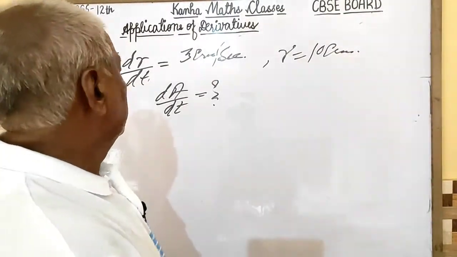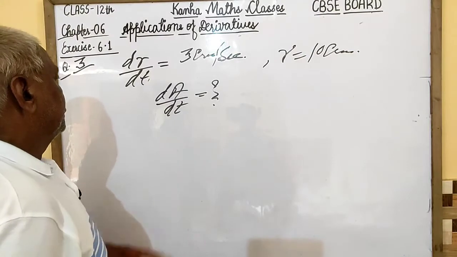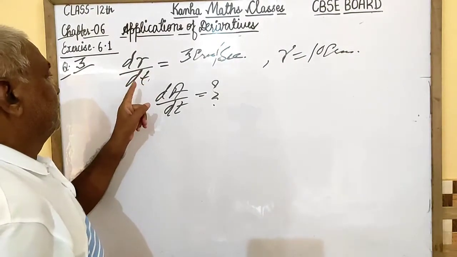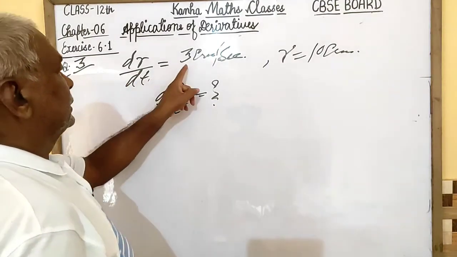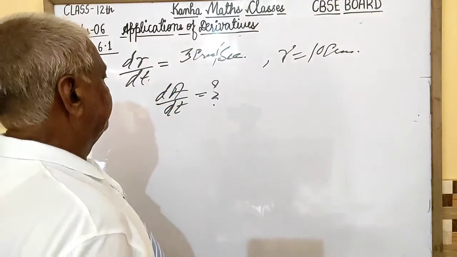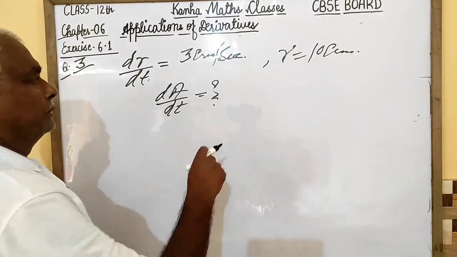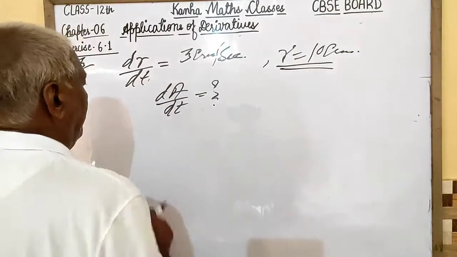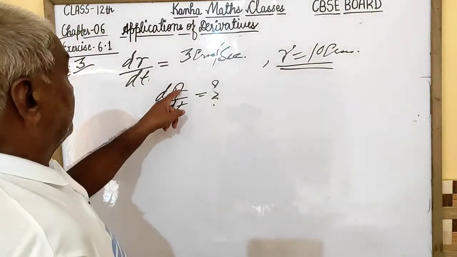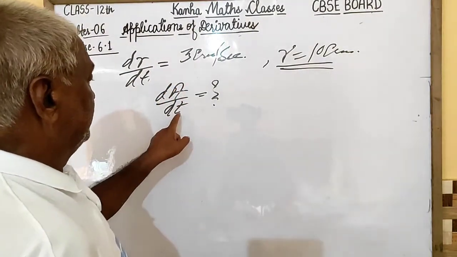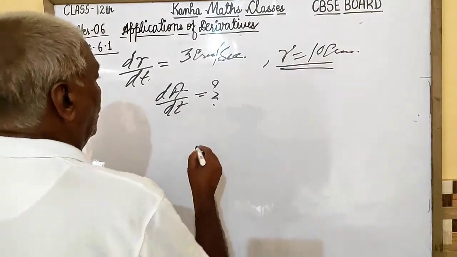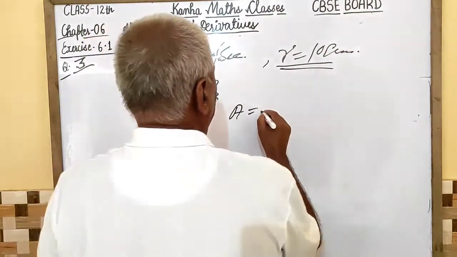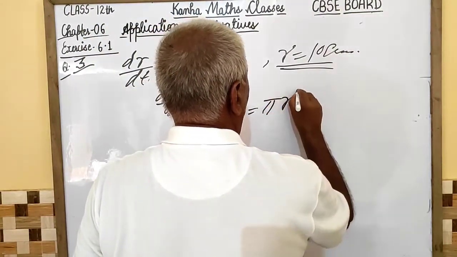In this question it's given that dr by dt, meaning increase in radius with respect to time t, is 3 centimeter per second, and you have given the radius as r equal to 10 centimeter. We will have to find out the increase in area of a circle with respect to time t. You know, area of circle with radius r is pi r square.